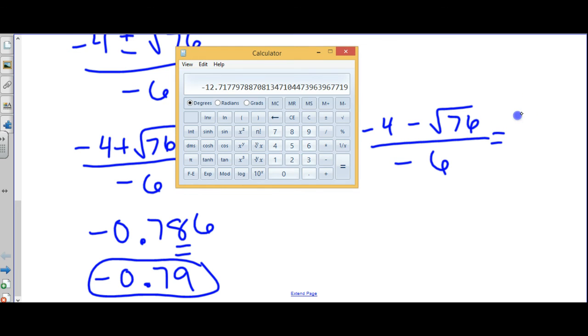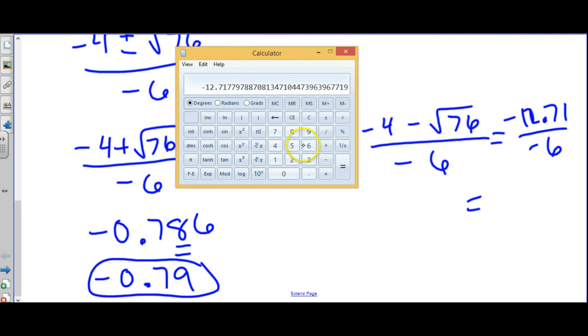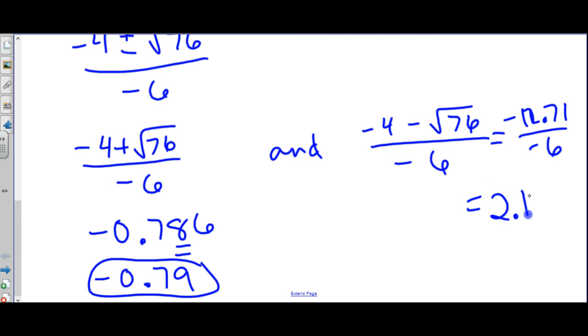Negative 12.71 divided by the negative 6. So I can hit divide by 6 and make that a negative, which gives me 2.119. Again, we're rounding at the hundredths place. That will either stay a 1 or round up to 2. Since the number next to it is bigger than 5, it rounds up to a 2.